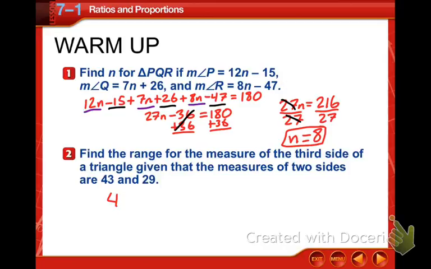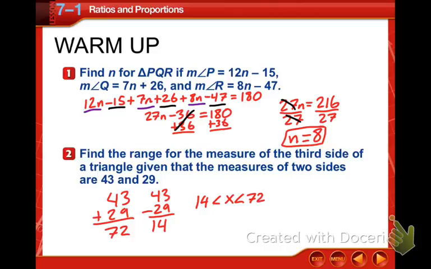So 43 plus 29 gets us 72, and 43 minus 29 gets us 14. So the range of our mysterious third side, we're going to call it x, is somewhere between 14 and 72.